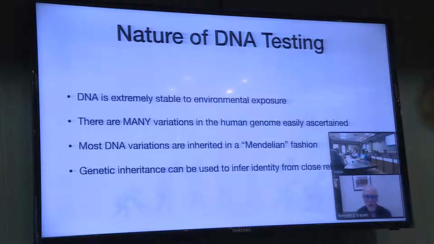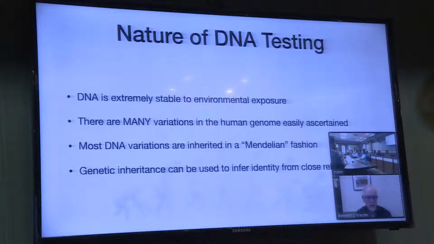And it's possible to find DNA at a crime scene that you can't identify, but if you go into a database like 23andMe, there's a good chance that you could find that person's uncle's DNA present or their cousin's DNA. And you know that because of the inheritance patterns that we were just talking about. And so by looking at those inheritance patterns, you can infer whose DNA it is that you have at the crime scene.